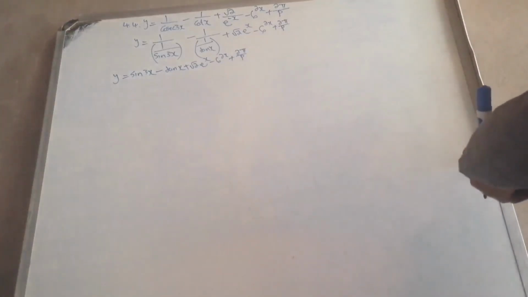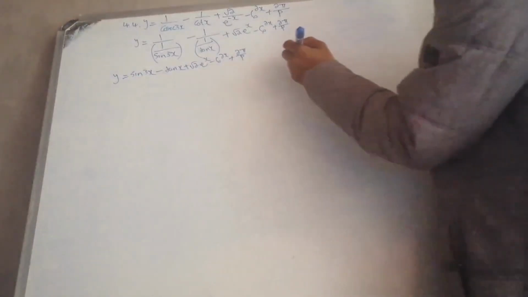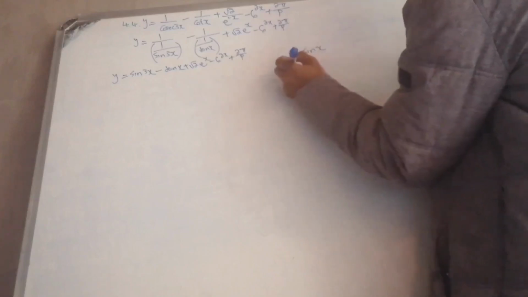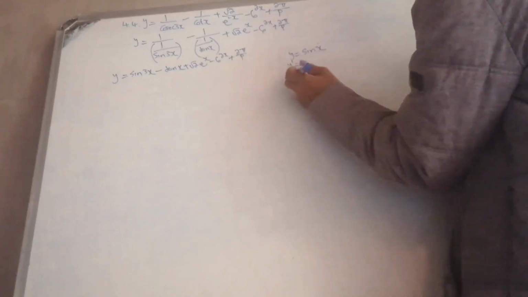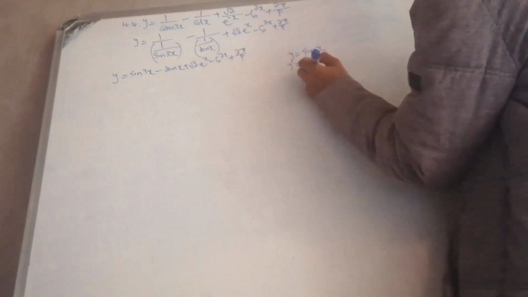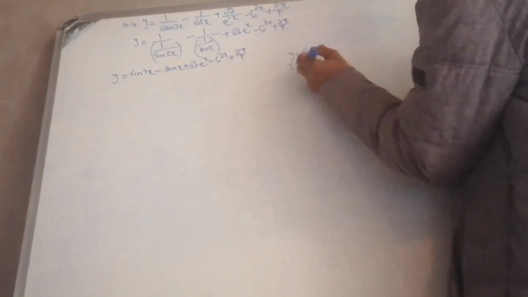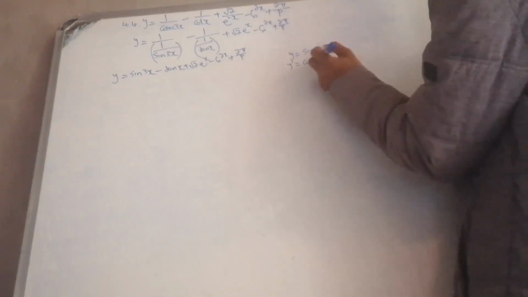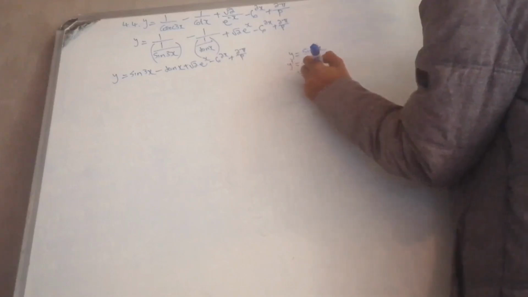I know that the derivative of sine, let me show you something. You know that the derivative of sine x is cos x, because you will say the derivative of sine is cos, you will hold the angle, which is x, differentiate x, you get 1. 1 times cos x is still cos x.